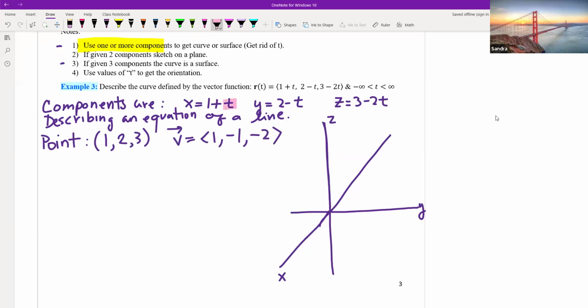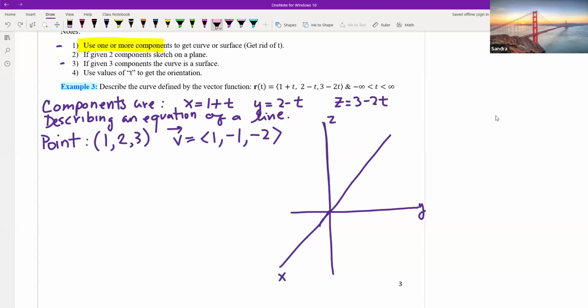The vector components are coming from the leading coefficients: the first one is 1, the second one is -1, and the last one is -2. Okay, so that's what I have so far.